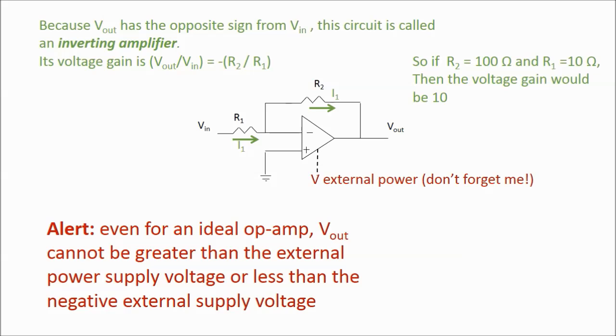My output voltage will be 20 volts, except the external power supply is only 10 volts. So no, the output voltage would be 10 volts if your op-amp was ideal.